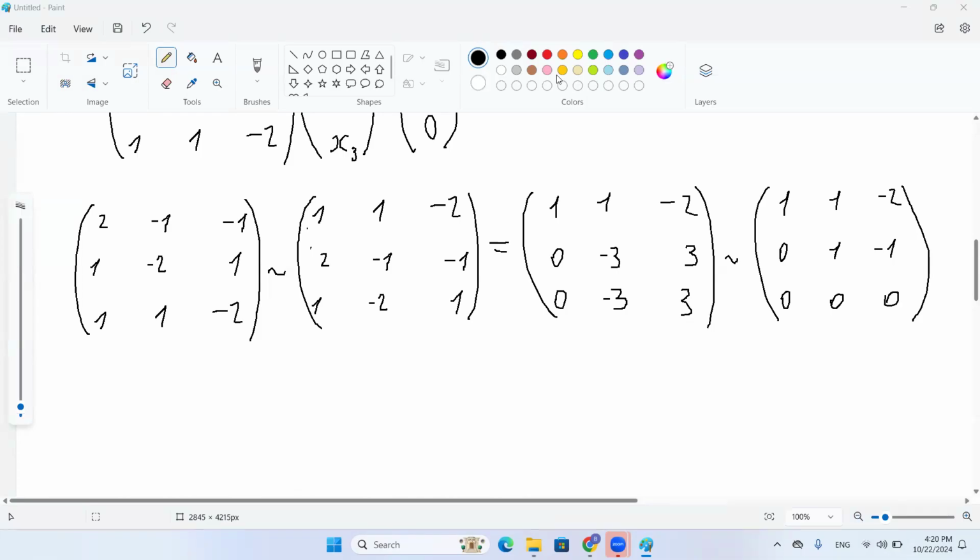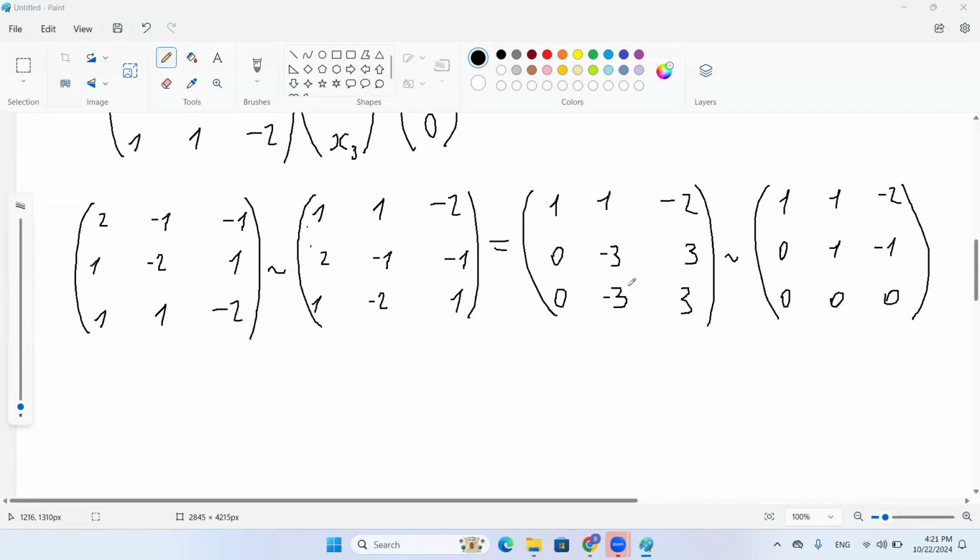Defect is the dimensionality of the kernel, and rank is the dimensionality of the image. Rank is equal to the rank of the matrix of the linear operator.